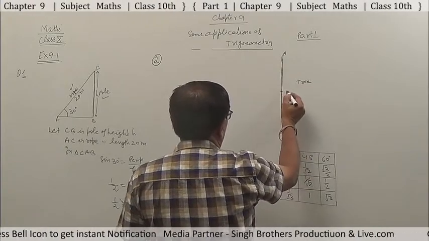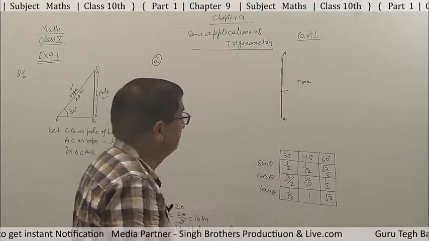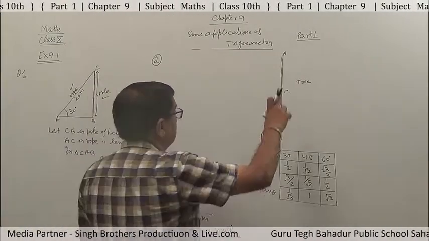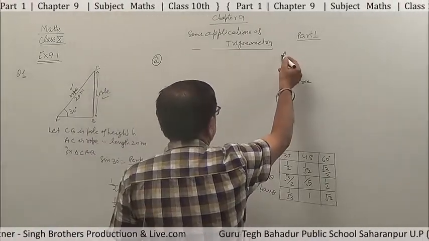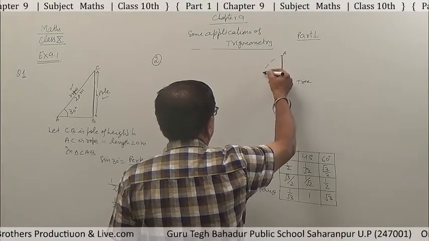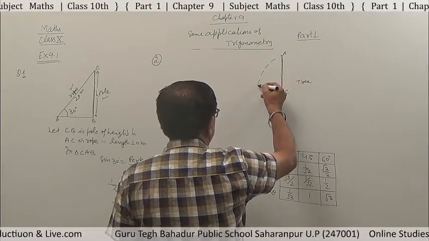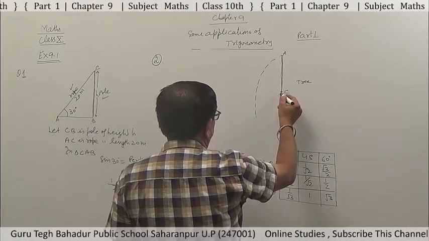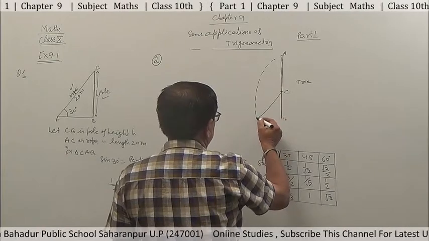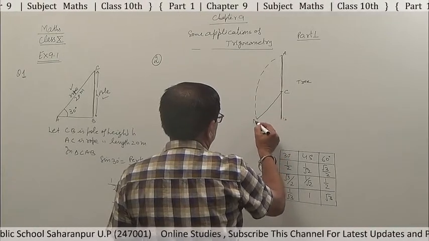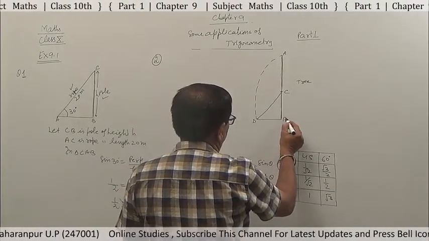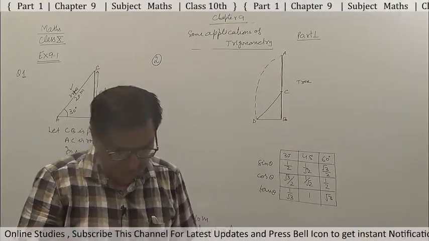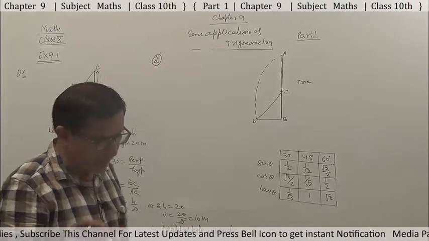It is broken from a point C. This AC part is broken down and touches the ground, making an angle of 30 degree.